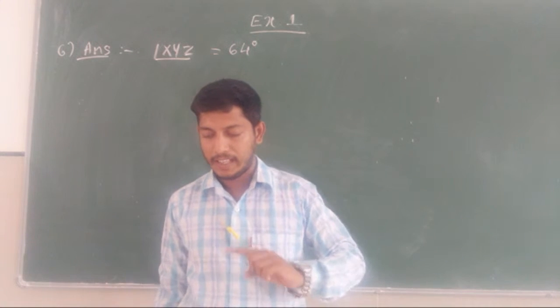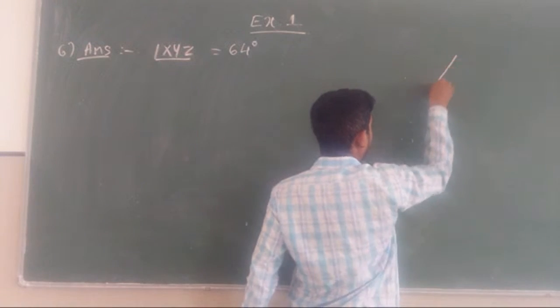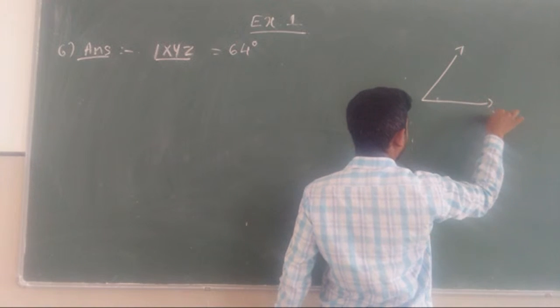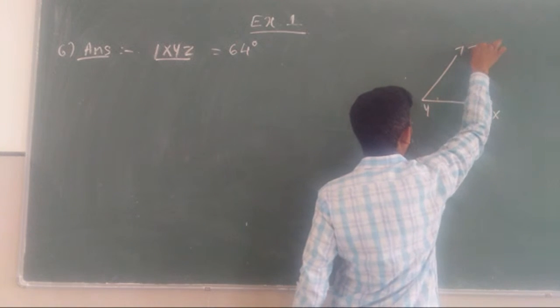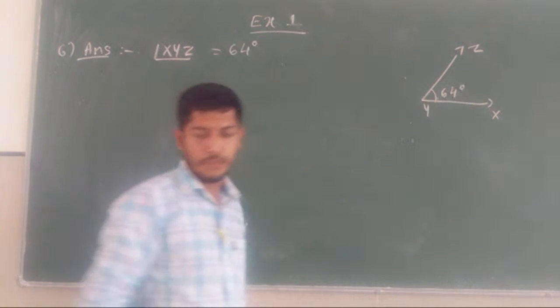So first I will draw angle XYZ. I will consider this as X, then Y and Z, and this is equal to 64 degree.